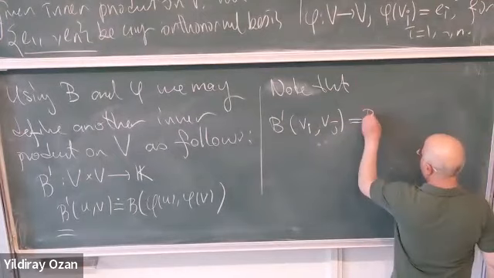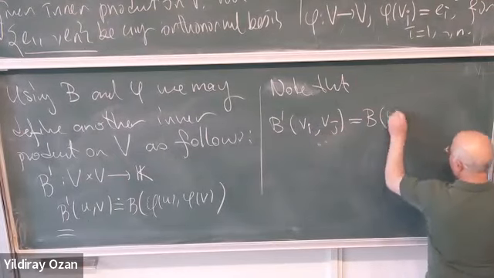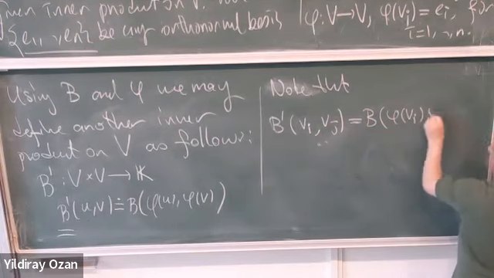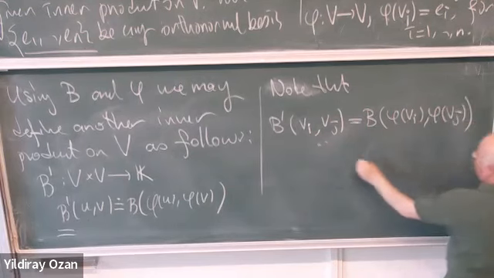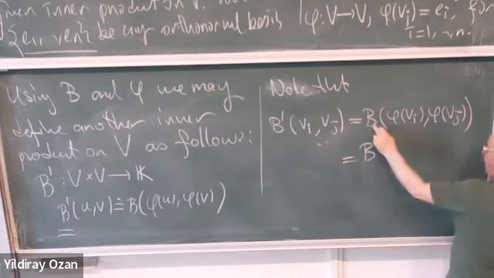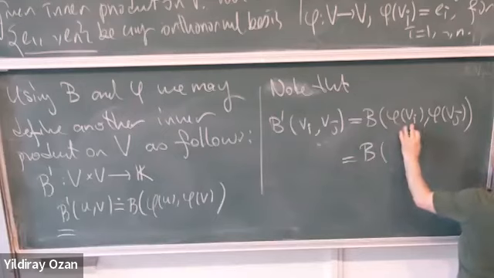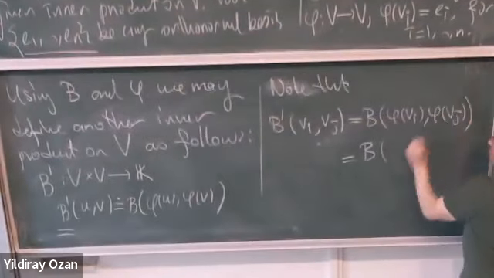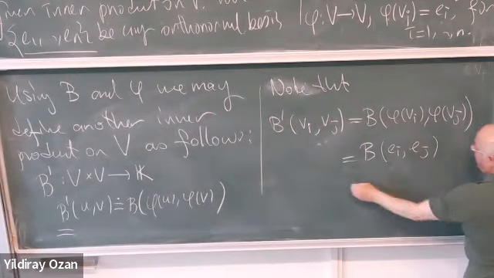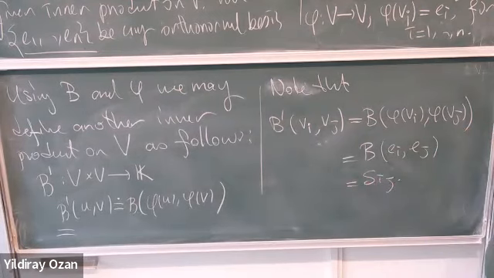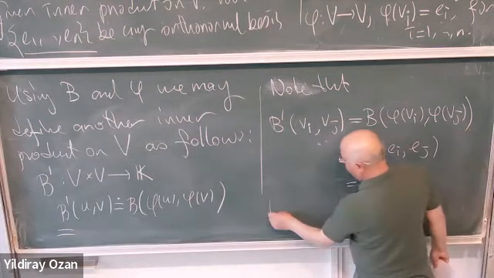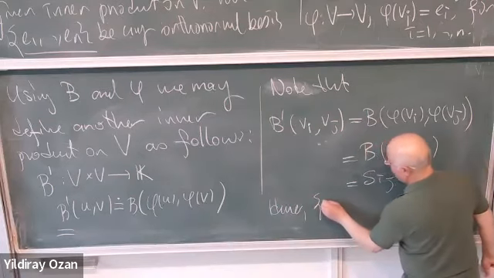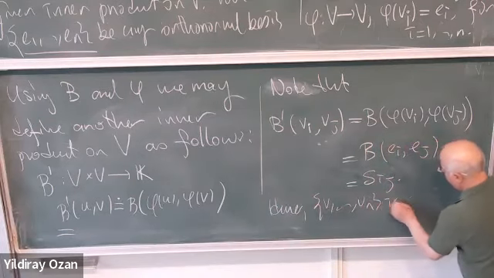Well, by definition, I apply phi to these two vectors, and then I take the inner product using B. This is just, by definition, e_i and e_j, and this is currently delta ij. So these are orthonormal vectors then, right? And this v1 up to vn is an orthonormal set.